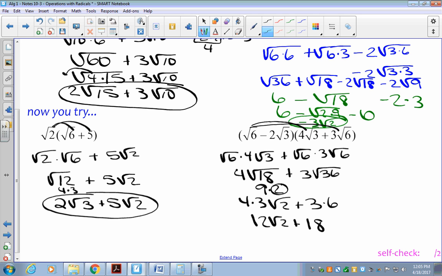Next one, Gavin, this is you. Okay, we have negative 2 root 3 times positive 4 root 3. That's going to give us a negative and a positive. So what is my front number when I multiply my front numbers together? Well, multiply them.